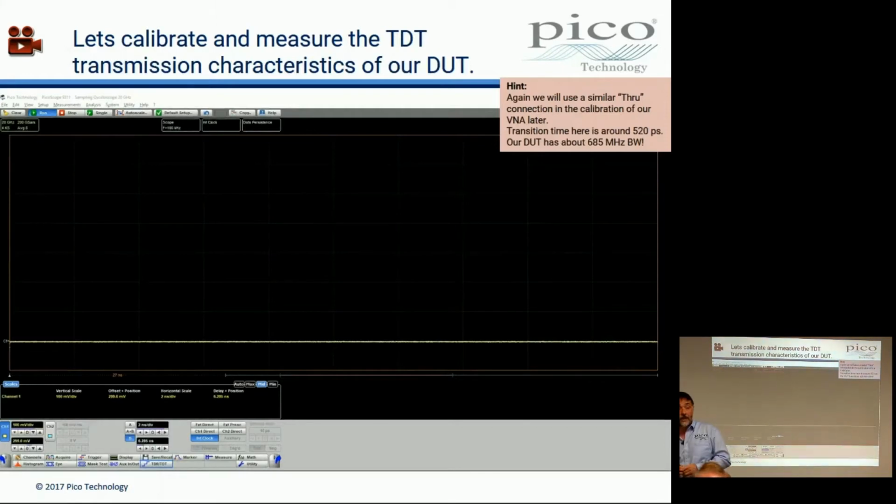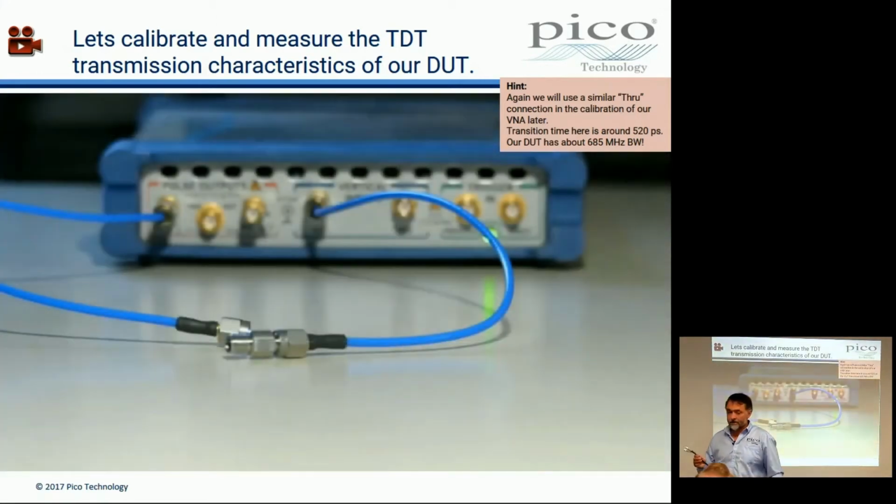Now, same thing, I'm going to do a calibration and a measurement of TDT. So this time, what I need to do is measure the signal going through the device. Let's do that. It doesn't take quite so long to calibrate for this.